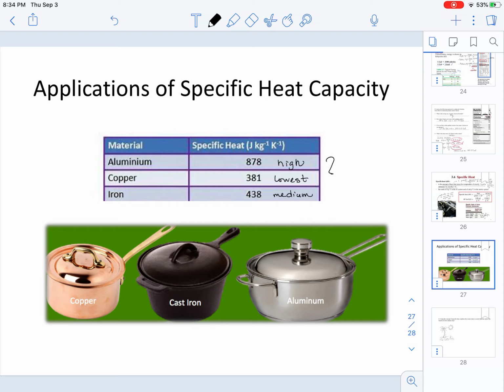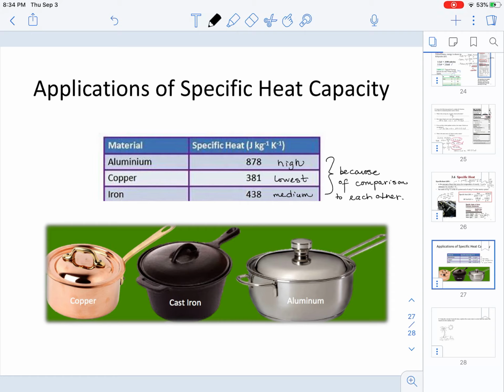And again, I'm using those descriptions just for comparison to each other, not because those values are specifically large, medium, and small. This is just from comparison to one another.